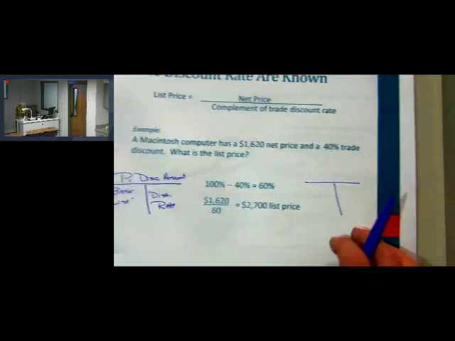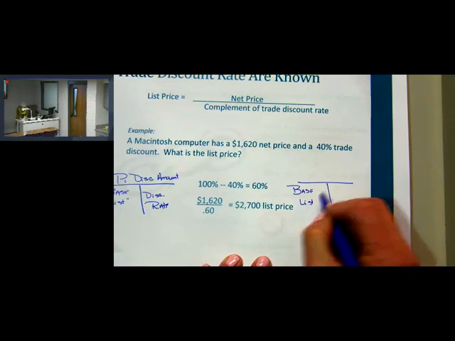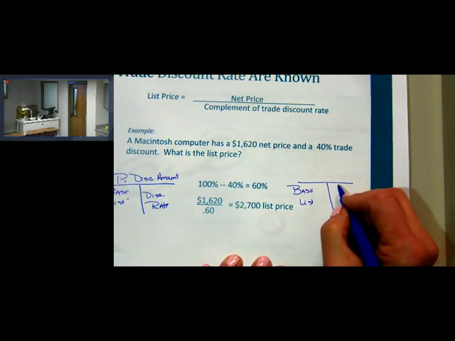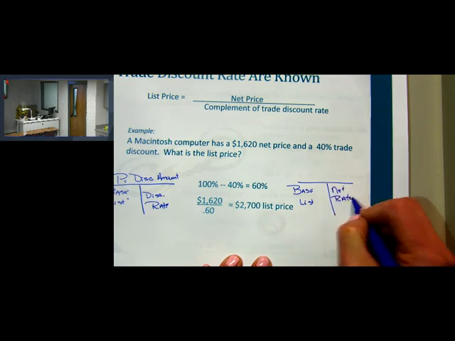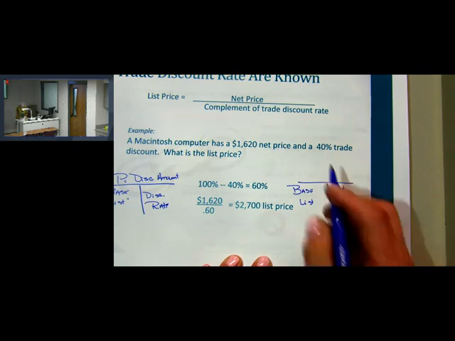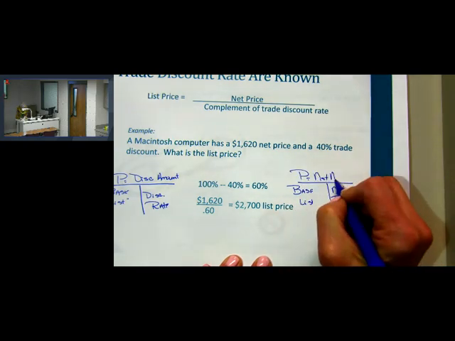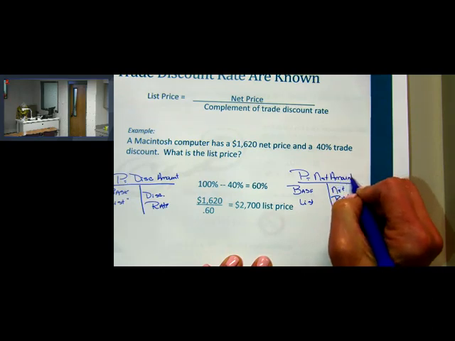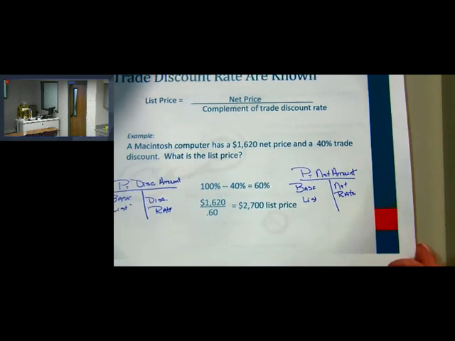The other pie diagram, again, my base is always going to be list. On this one here, we're talking about our net rate. That's going to be the complement, by the way. And this portion here will be my net amount. So get used to using these pies. If you haven't embraced the pie yet, I hope you do.